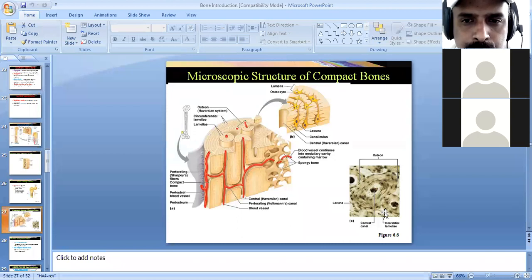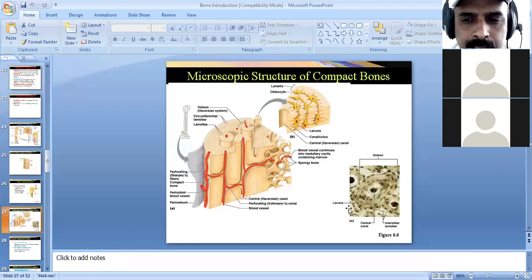When we take the compact bone under the microscope, it shows the different cells of the bone. We see the osteon, then we have the lacuna. So these are the lacuna, osteon, and this is the central canal that you have to remember, and lamellae.